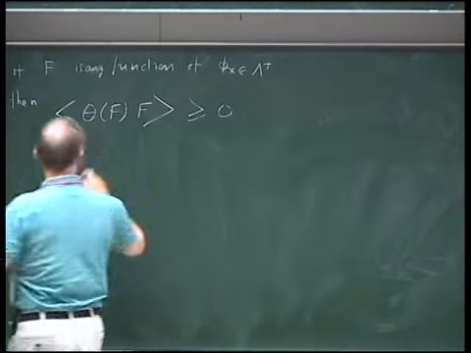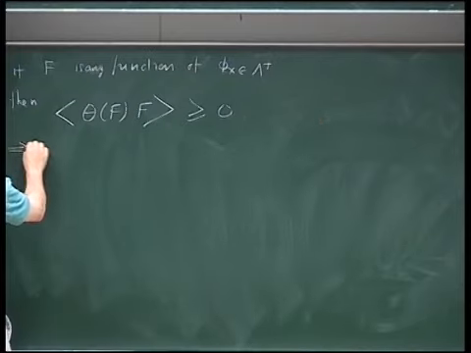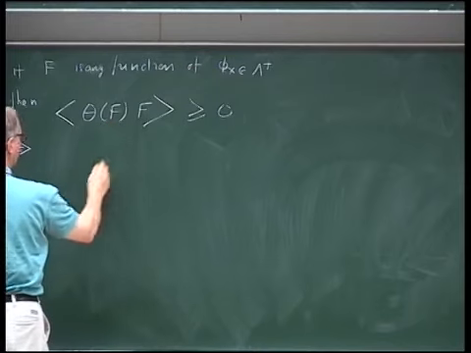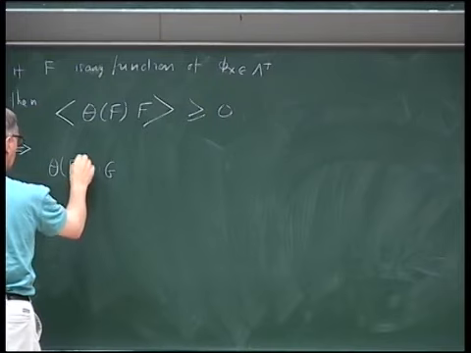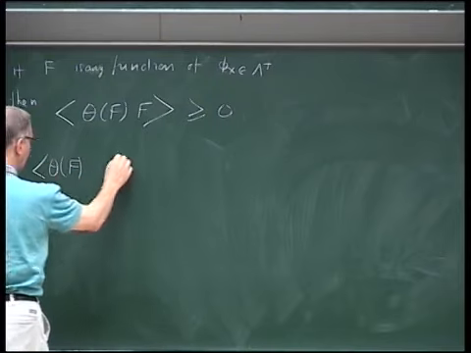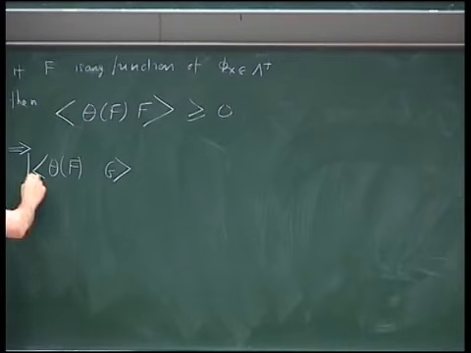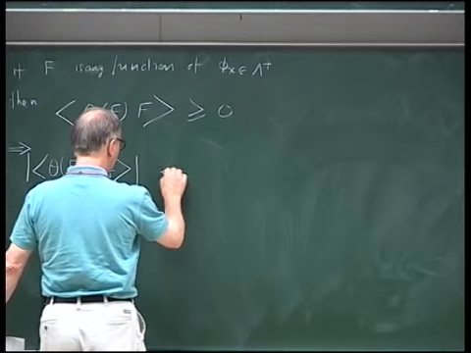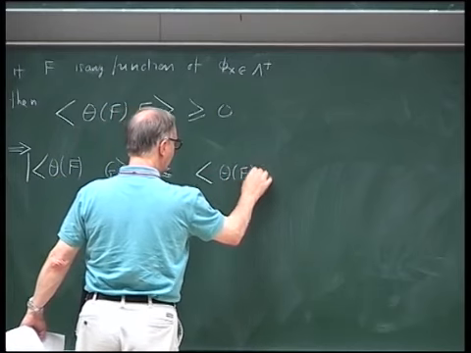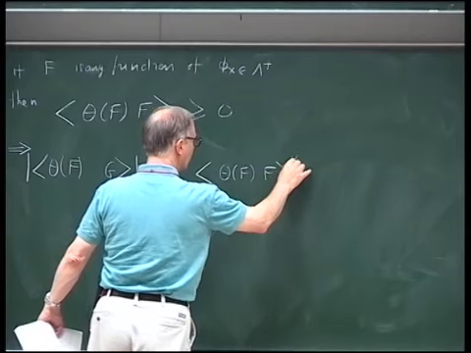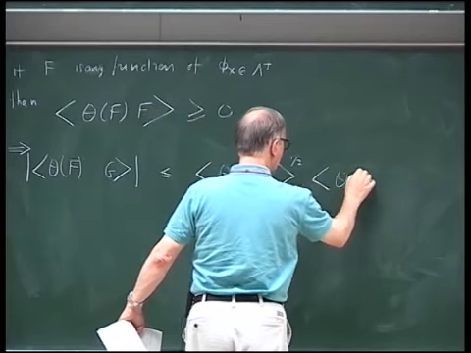From this, you first deduce that if you put two different functions in here, f and g, and take their expectation, that I forgot probably to put the absolute value in this morning, but the absolute value of that expectation is less than the square root of the expectation of f theta f, times the square root of the expectation of g theta g.